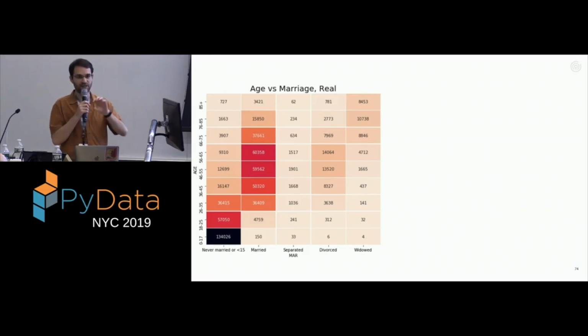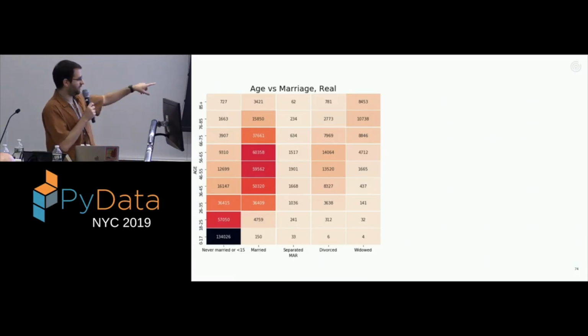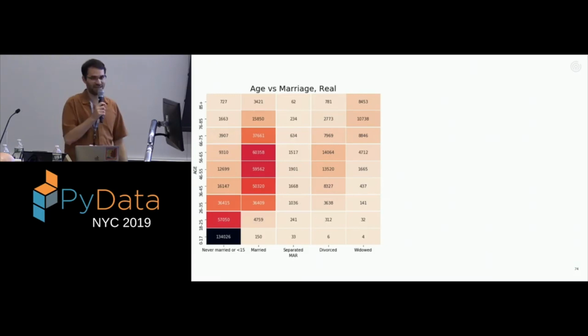In each cell, you have a count of the people who fall within that combination of categories. And the coloring is a visual representation of that same count information. The darker the cell is, the more people fall in that category. You'll notice there's a large concentration in the bottom left of people between the age of 0 and 17 who have never been married or are under the age of 15. That makes a lot of sense, right?